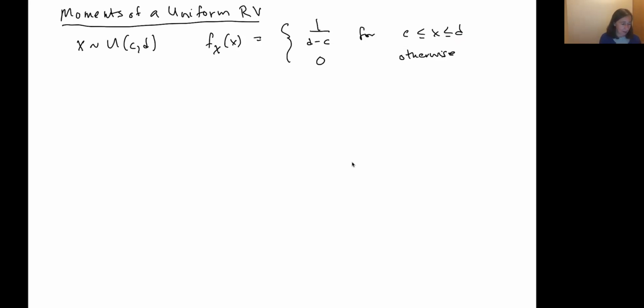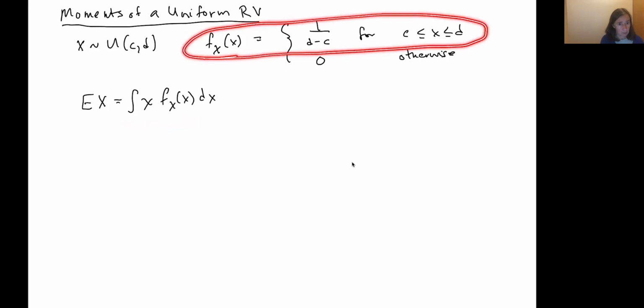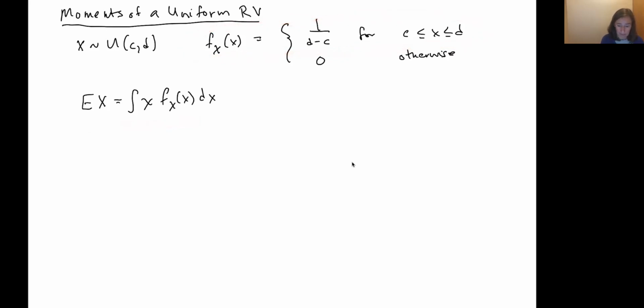That's what's lurking there. Okay, so I've got my PDF, and now I want to use the formula from the last lesson, where we said the expected value of a continuous random variable is just the integral over the whole range, wherever it's not going to be 0, of x times the PDF of x. This is the general formula, and now I need to put this PDF into it.